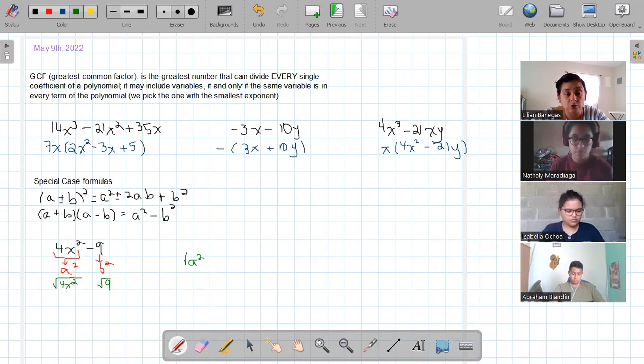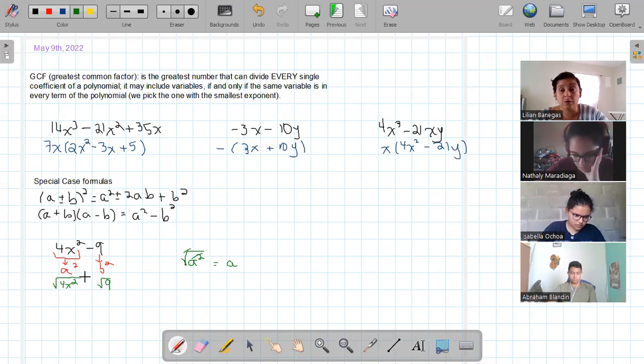If I find the square root of a squared, remember there's an invisible 2 in the root, I'm going to cancel that out with the exponent 2. And what do I get? I get positive negative a, but right now we're just going to use the positive. So positive a. We're going to find the square root of the numbers and of the variable. Now, what is the square root of 4? What number multiplied by itself gives me 4?